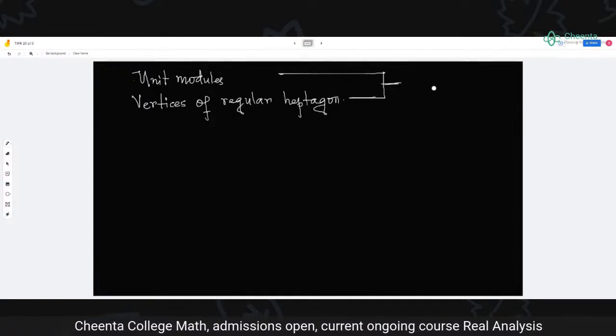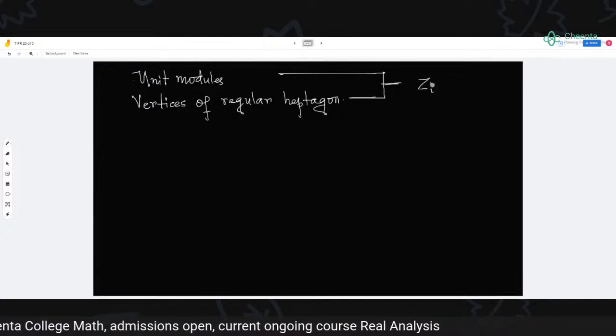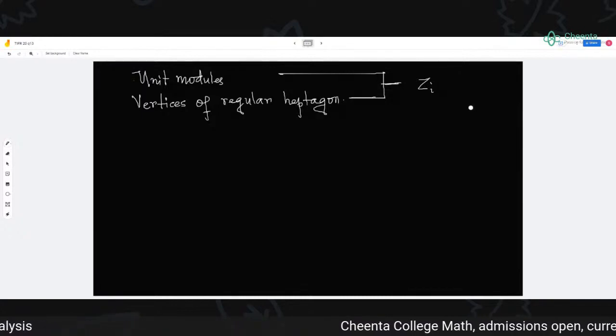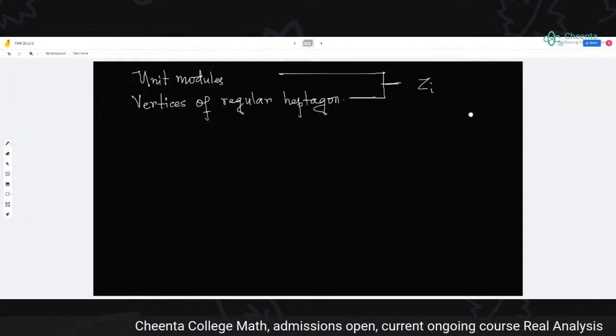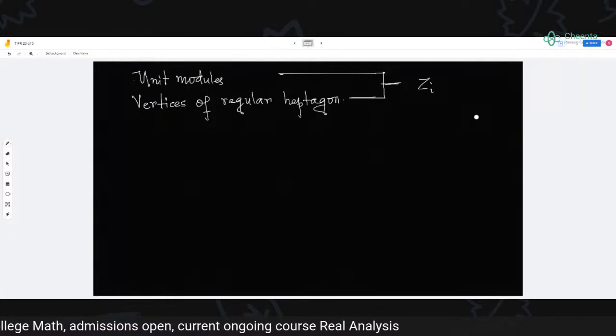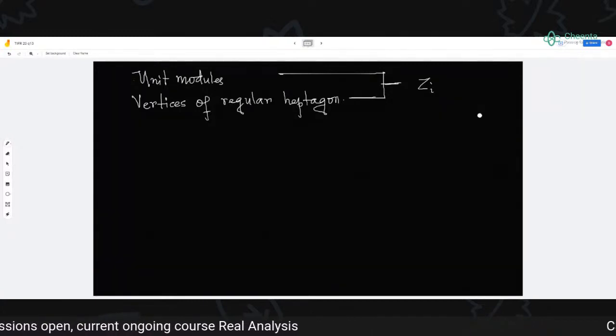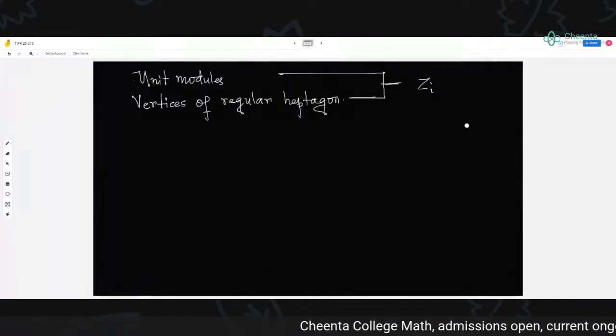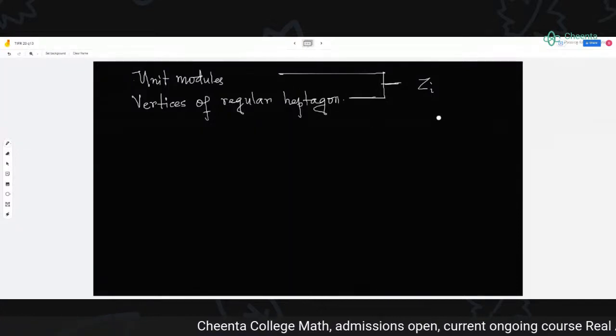Geometrically, it means that the zetas that you are taking are, up to some rotation, the roots of unity of x to the power 7. All right. So if x to the power 7 is equal to 1, then these are the roots of unity, basically, up to some certain rotation, because they are vertices of a regular heptagon.